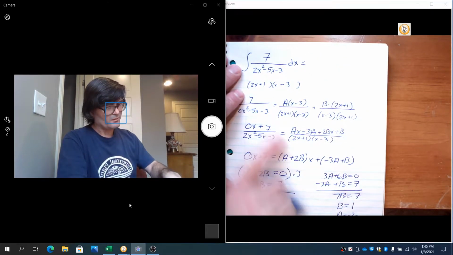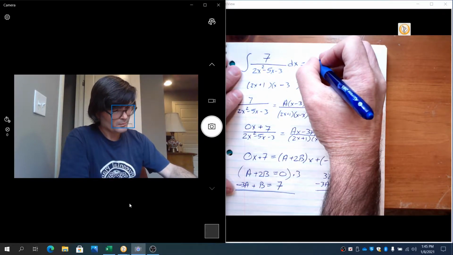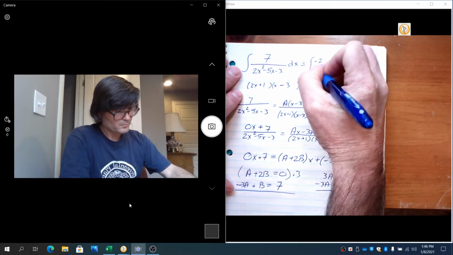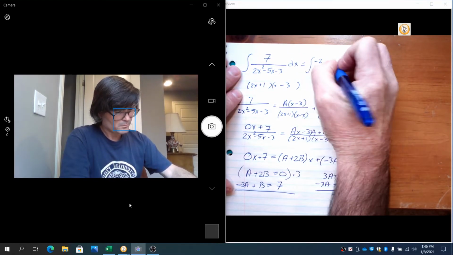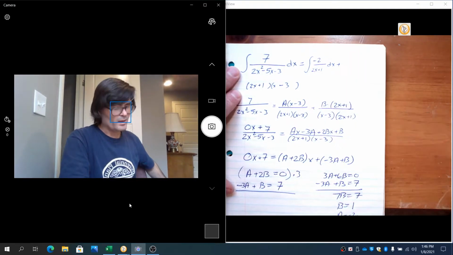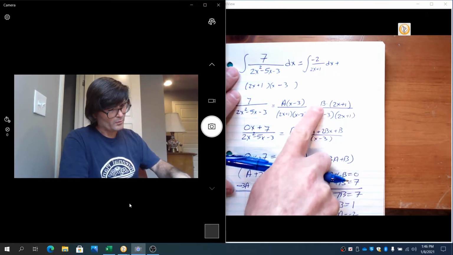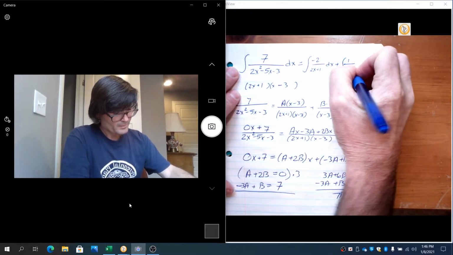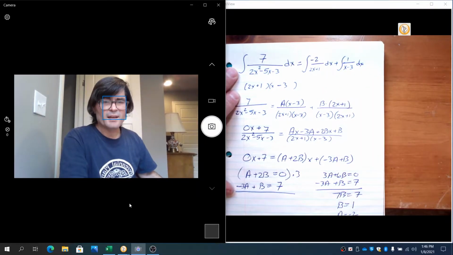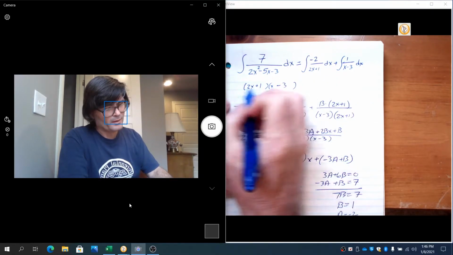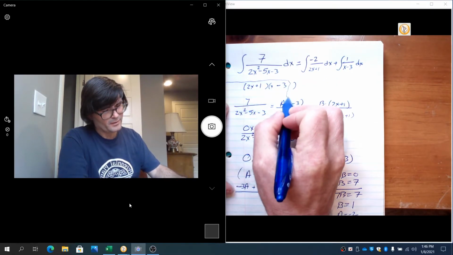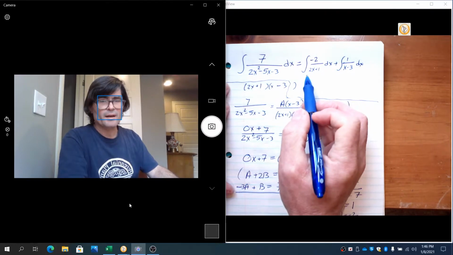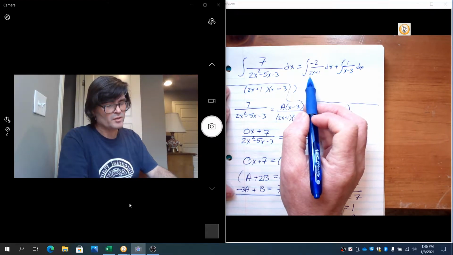Up here, this was negative 2 over 2x plus 1. And then we had b was 1 over x minus 3. Now, I'm just going to block this off for now. If you think about what's the derivative of 2x plus 1?